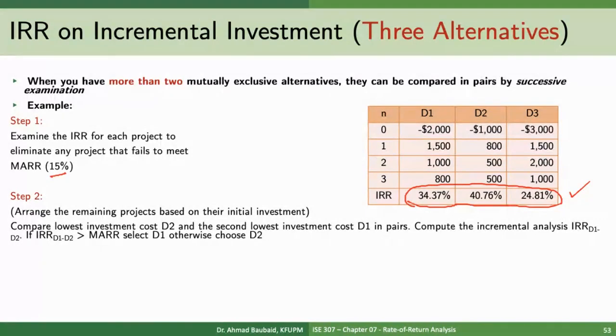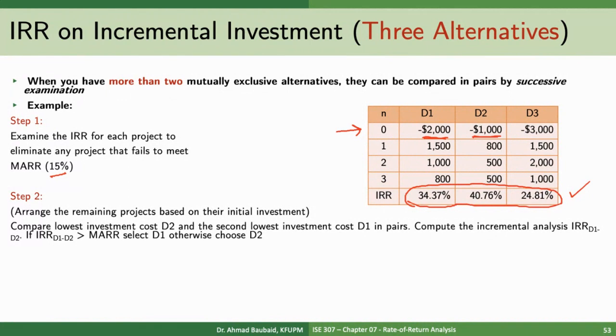Second thing I need to do is arrange or order these investments based on their investment costs. And the way I do it is I'm going to start from the lower investment cost. So the lowest one is D2, only $1,000. I'm going to compare that with the second lowest one, which is D1. After I do that comparison, I'm going to select one.